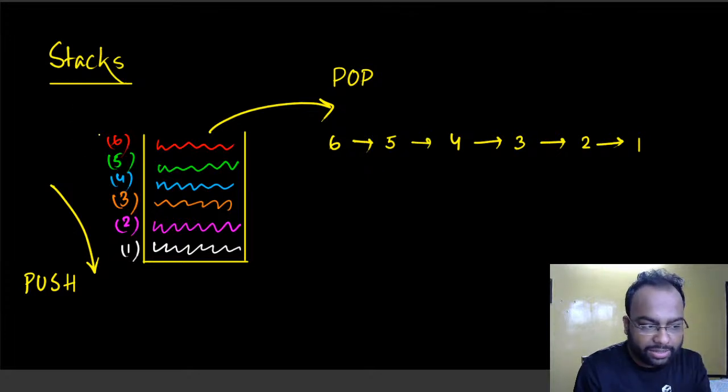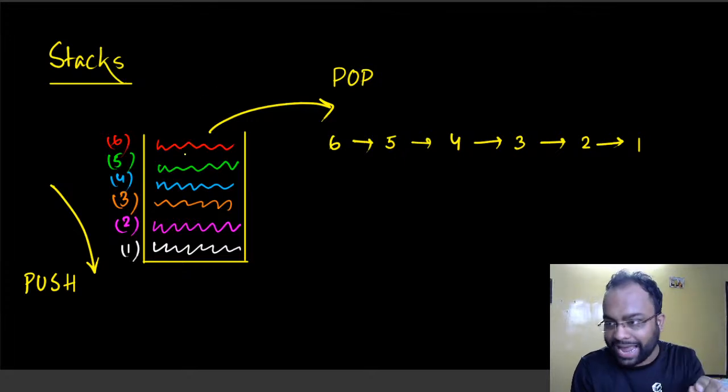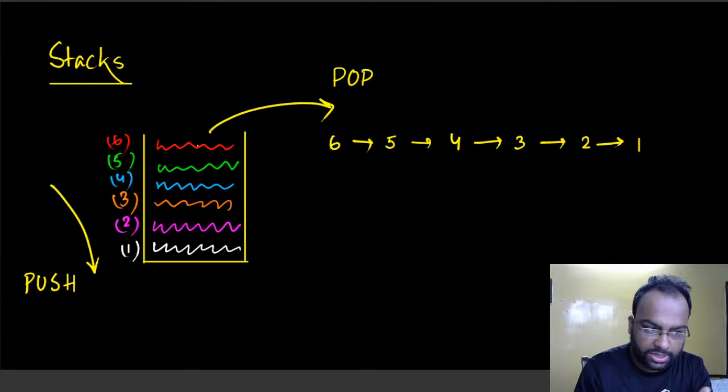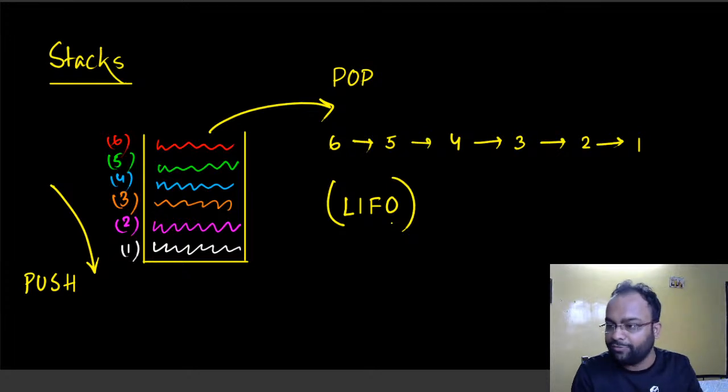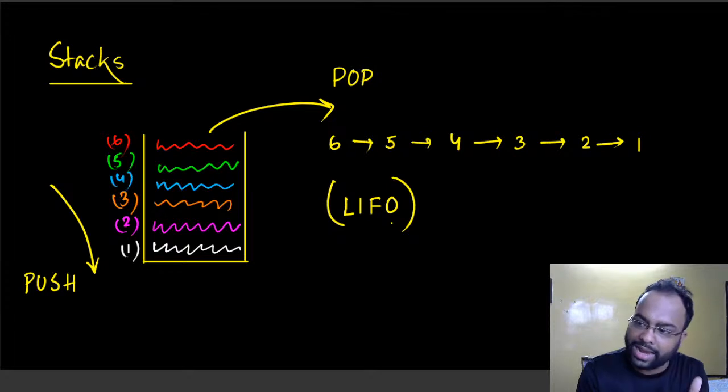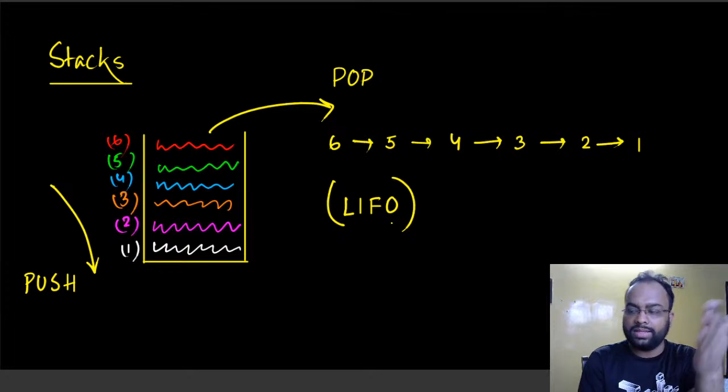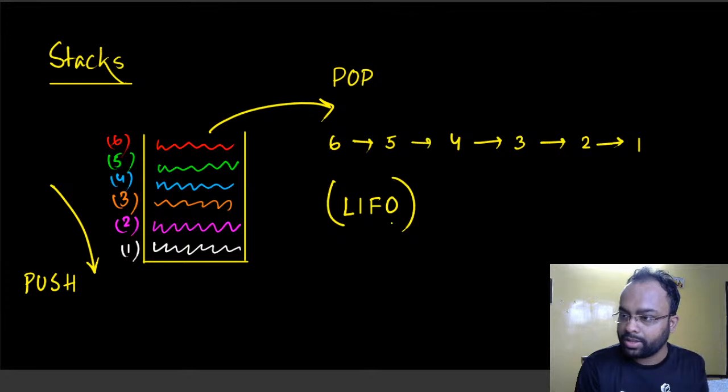So in this particular mechanism, the thing that went into the stack last came out first, right? So this is called a last in, first out architecture. It's a LIFO architecture. Last in, first out. The thing that went in last will come out first, then the next one, then the next one, then the next one, right? So that way.